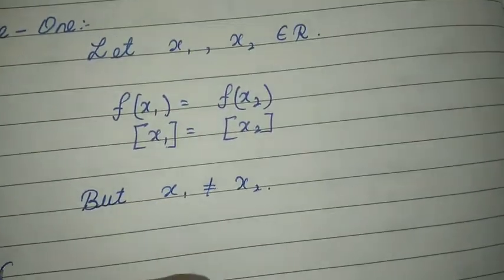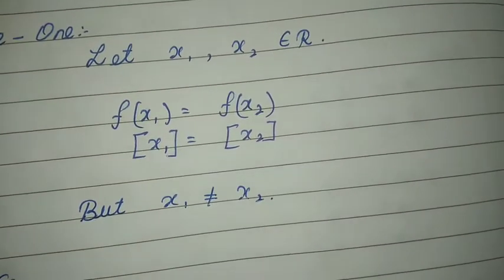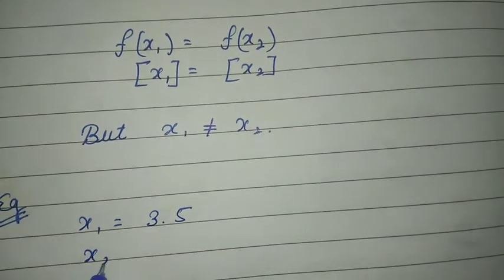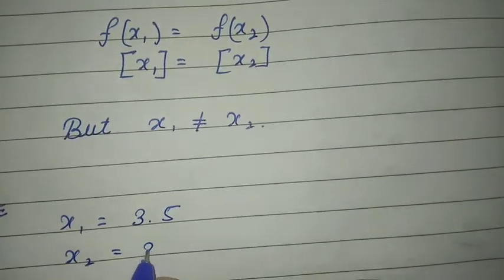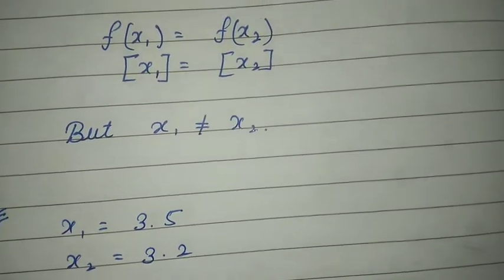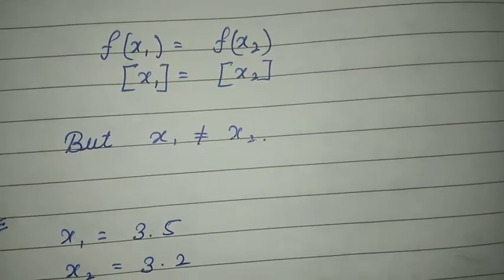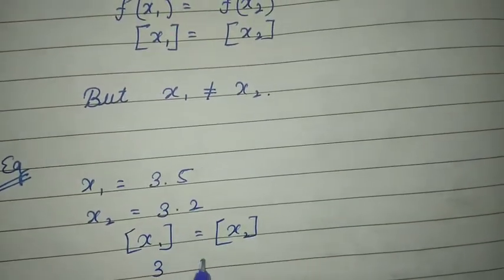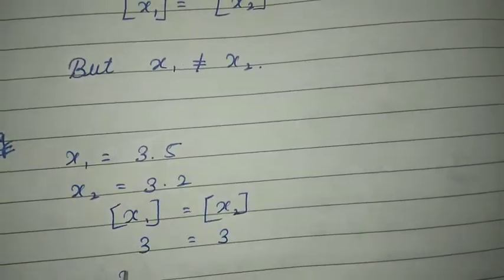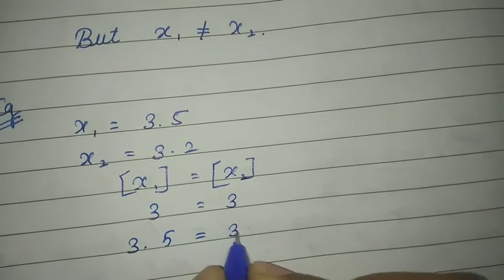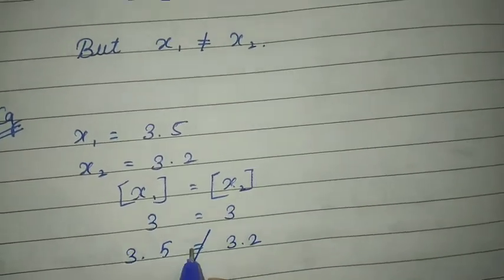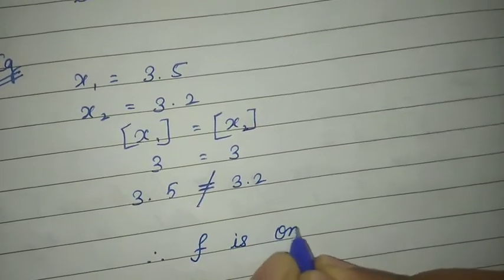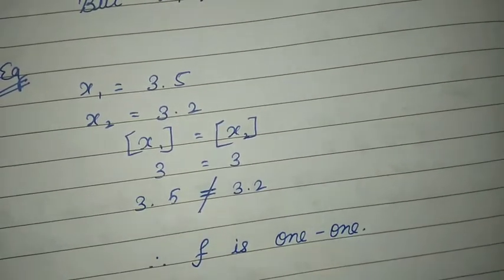For example, x1 is equal to 3.5, x2 is equal to 3.2. So the greatest integer function of x1 is equal to that of x2. 3 is equal to 3 only, but is 3.5 equal to 3.2? No, not at all. Therefore, it is not 1 to 1.